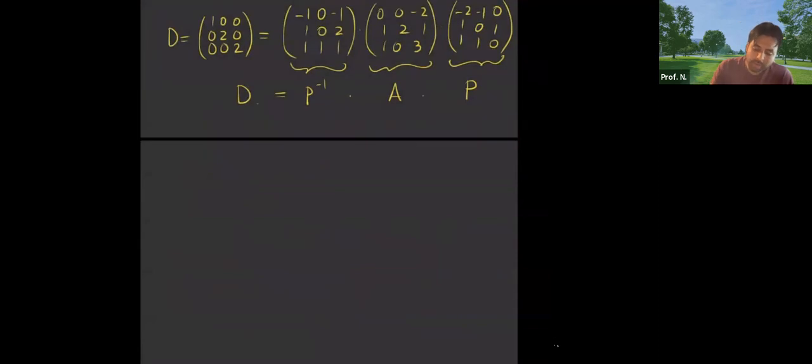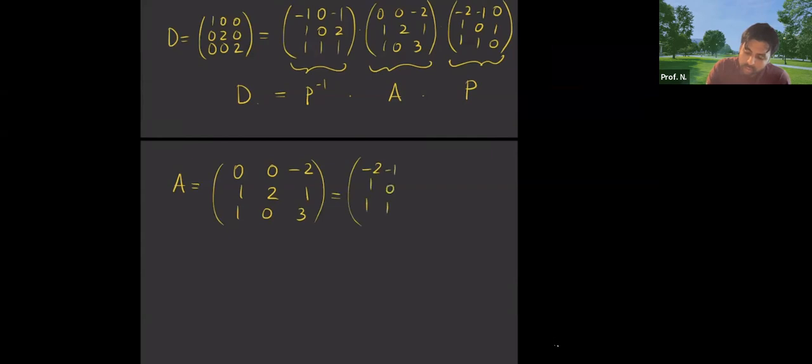And I can also represent A, which is 0, 0, -2. You can think of this as factoring. I'm factoring A as a product. This is going to be -2, 1, -1, 0, 1, 0, 1, 0, multiplied by a diagonal matrix 1, 0, 0, 0, 2, 0, 0, 0, 2.